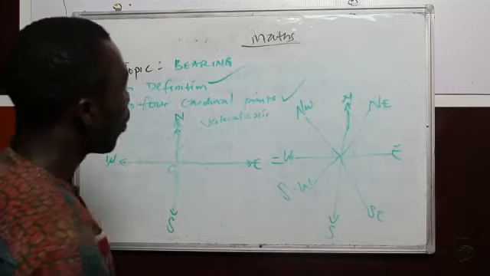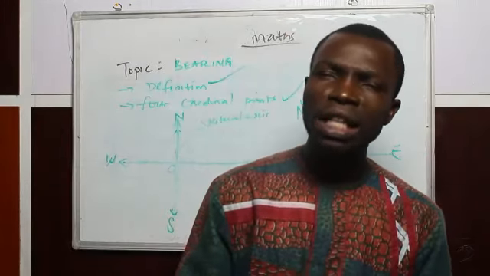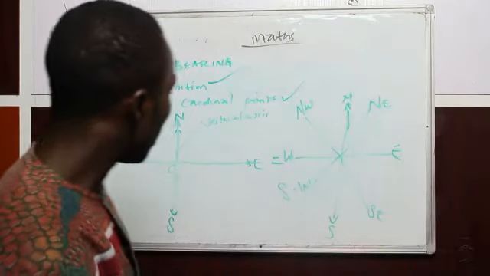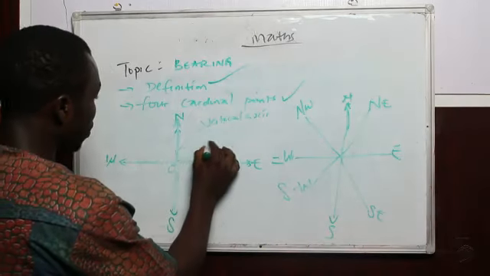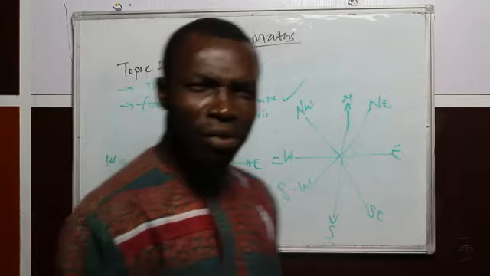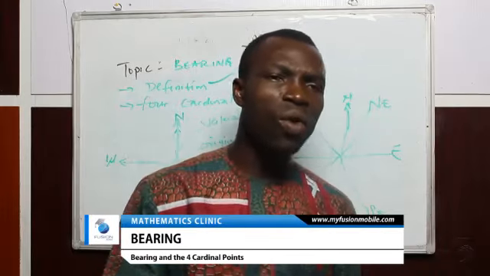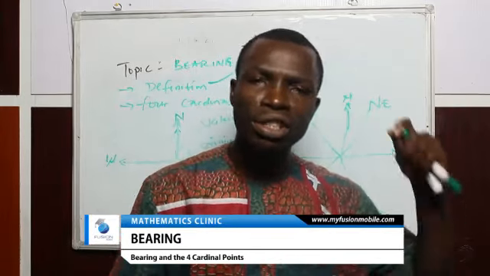So this is called the 4 cardinal points. The point at which they intersect, called 0, is called the origin. So in bearing, we consider the 4 cardinal points as a means of moving from one point to the other.